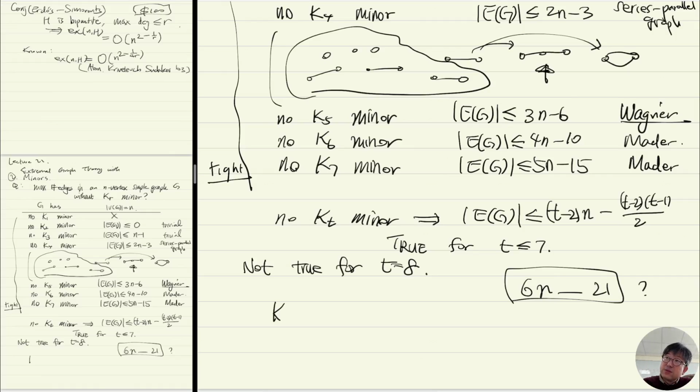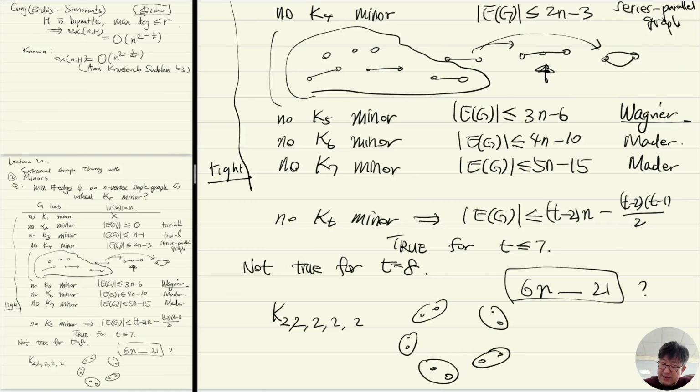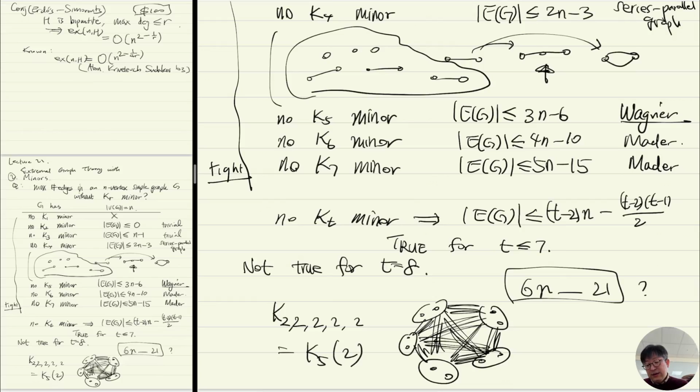Now let's look at the graph called K22222. What that means is multipartite graphs with 5 bags, and between different bags all edges are present. Oh, so this is the same as in our notation. All right. Now, so this is a 10 vertex graph.